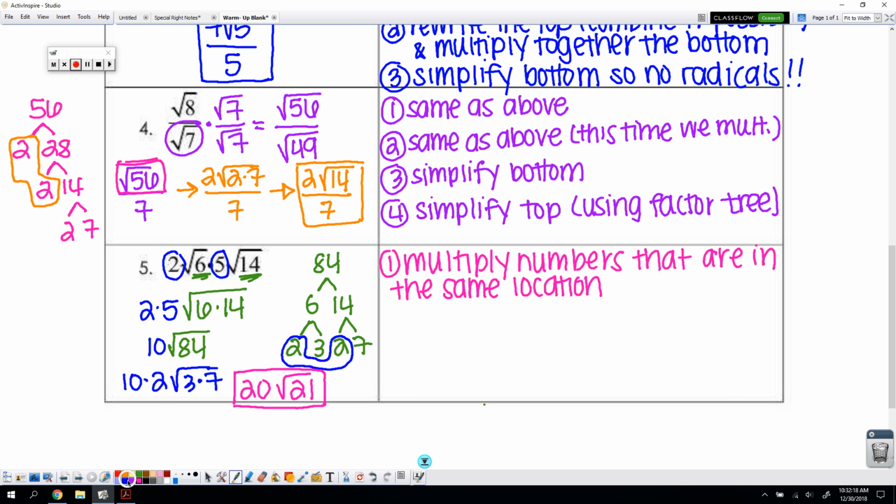Okay, so let's make sure we have our steps written down, even though we've done most of these things. Number 1 says multiply numbers that are in the same location. Check. Number 2, factor tree and simplify inside radical.